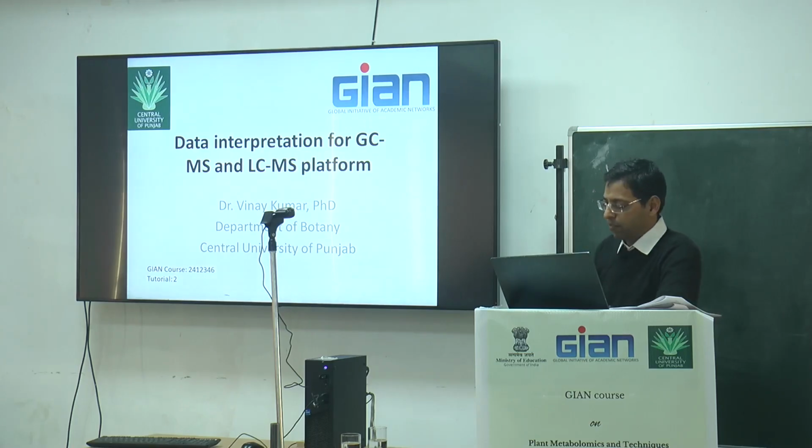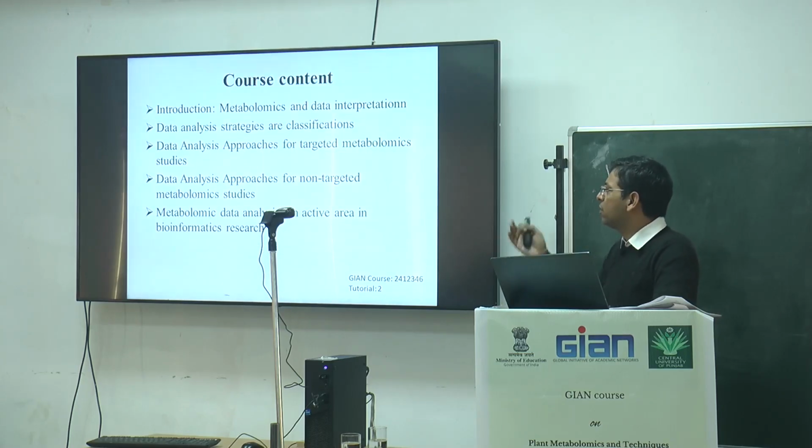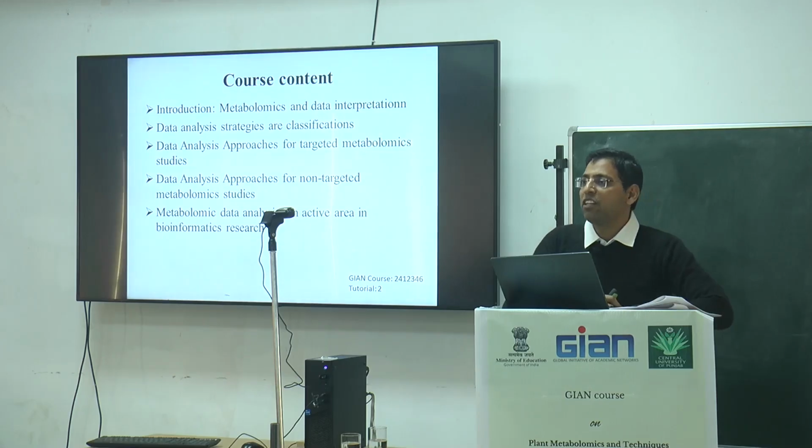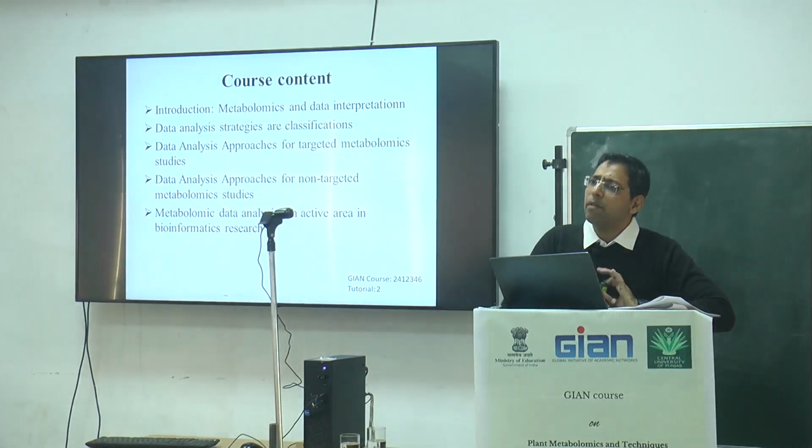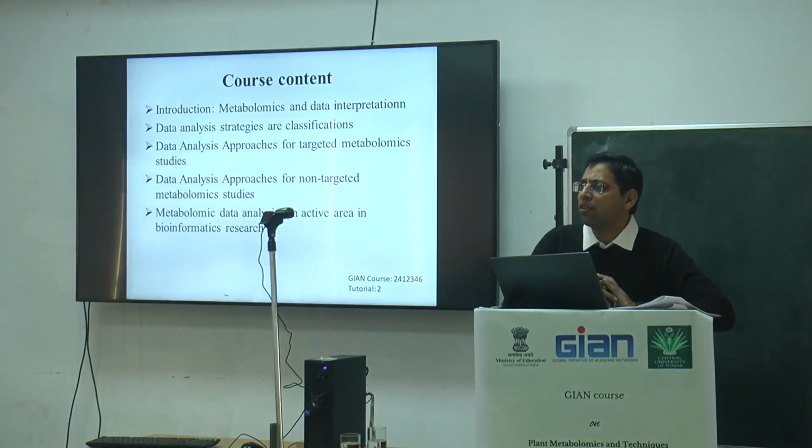The first one is the introduction. You know about metabolomics, but omics is a word that further differentiates into different classes, and metabolomics is one of them. Metabolomics is associated with only the biological variation in terms of the different chemical components present in a particular cell.